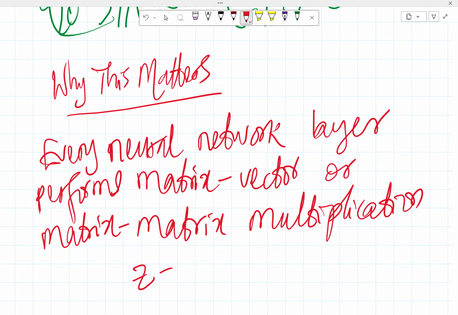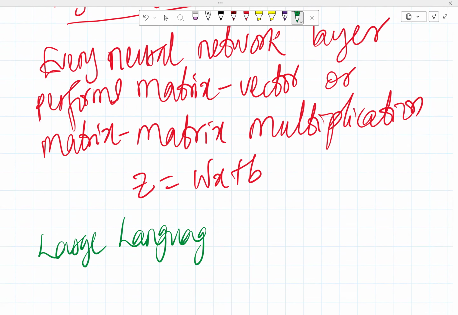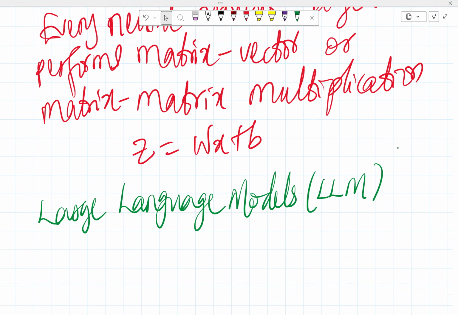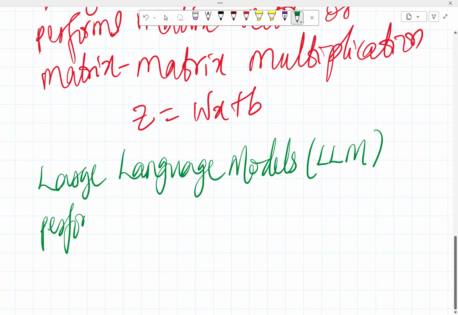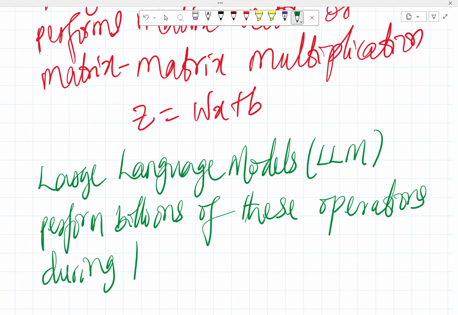Generally in the form z equals wx plus b. Then we also know that large language models, LLMs, perform billions of these operations during training and inference.